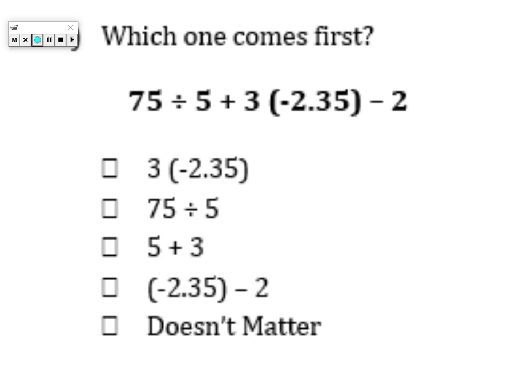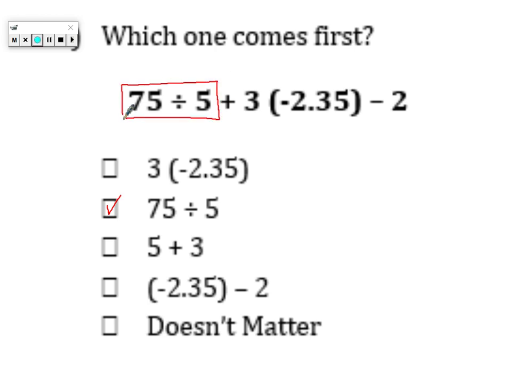Check this next problem. It's a little longer and more complicated. Which one would you do here first? If you said that you should divide 75 by 5 first, you're right.